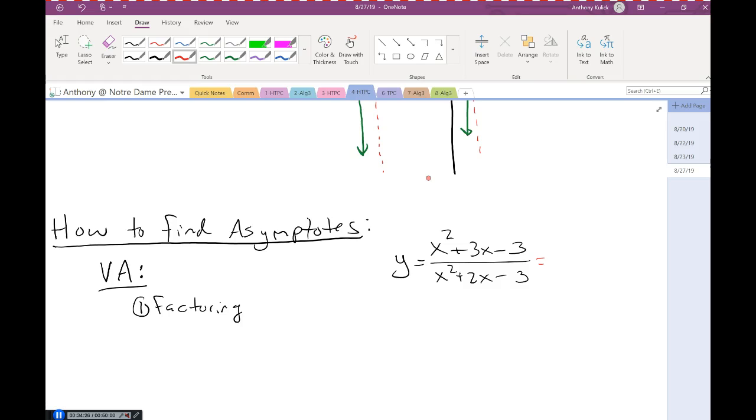This one is probably really as good as we can do, the way it's written. Now, you could factor this, but it probably has irrational factors involved, which is not going to be worth bothering with if we're looking for vertical asymptotes here. How about the denominator? How does that factor? Good. So x plus 3 and x minus 1.